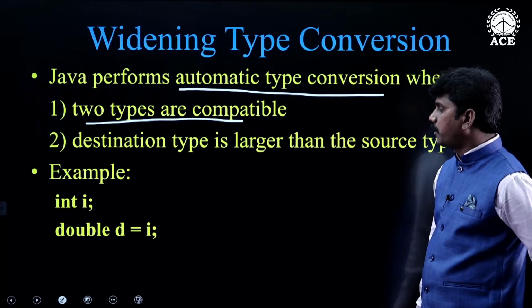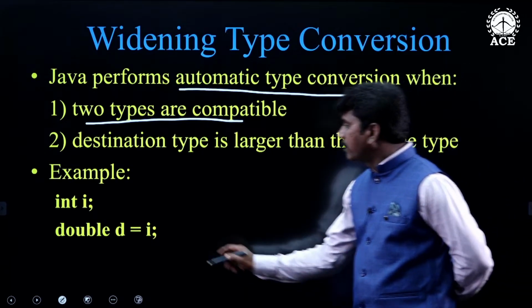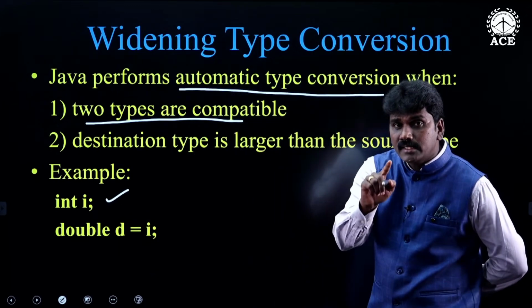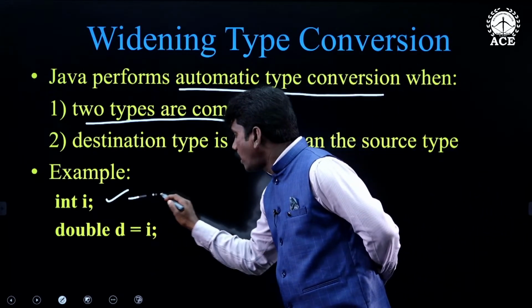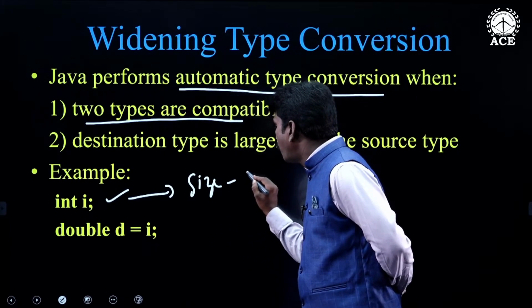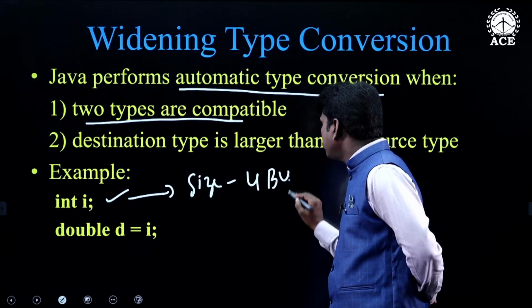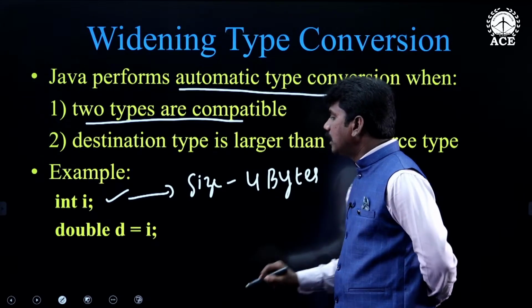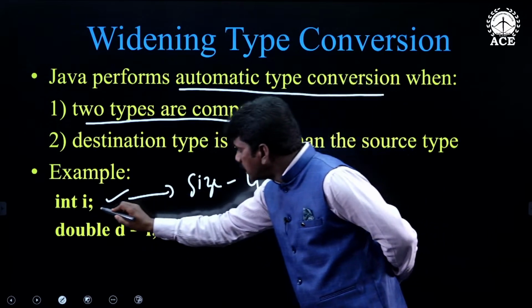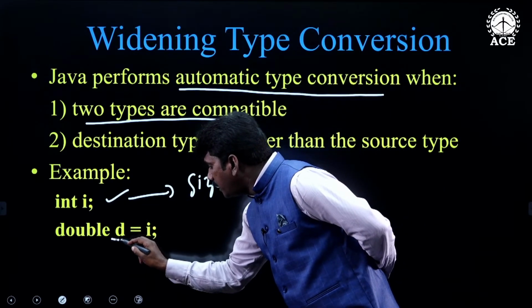Let us see one example for understanding. Here we have int I, it is integer. What is the size of integer? The size of the integer is 4 bytes. Now we would like to store the 4 bytes integer I in the double data type.